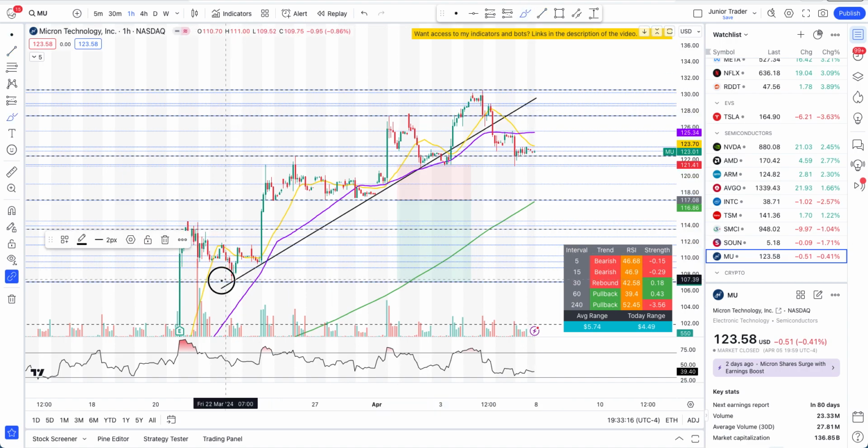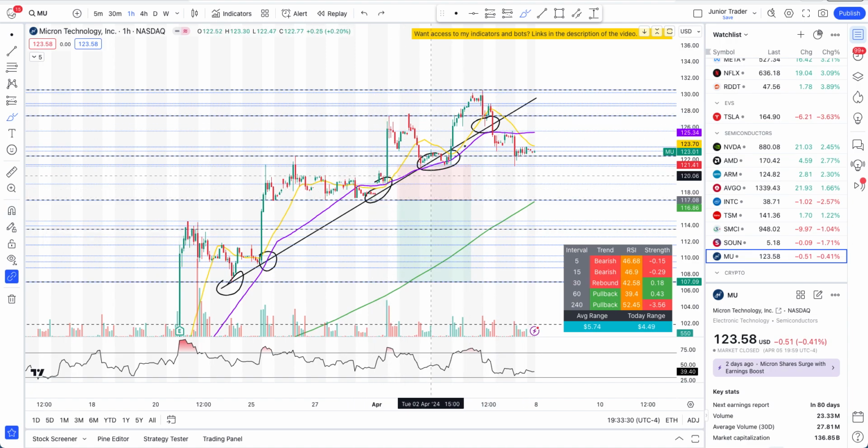We have the first pivot, second pivot, third and fourth pivot, then a fifth pivot after a little bit of a dip, and then this is the final flush where we broke the trend line. In my opinion, that structure has already been broken at this area of 125 to 127, and that's where I think there is more downside to come.